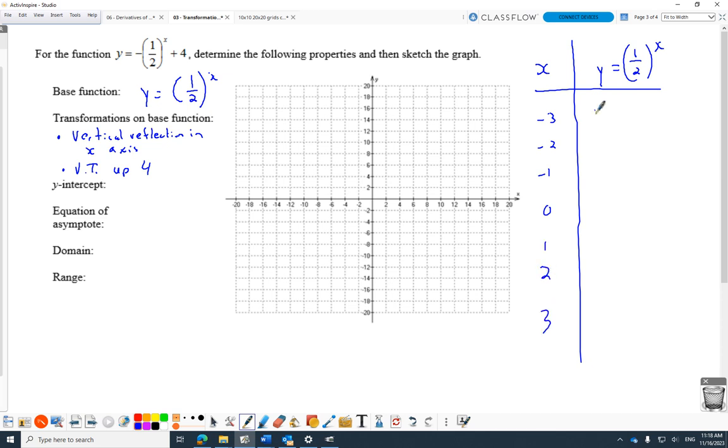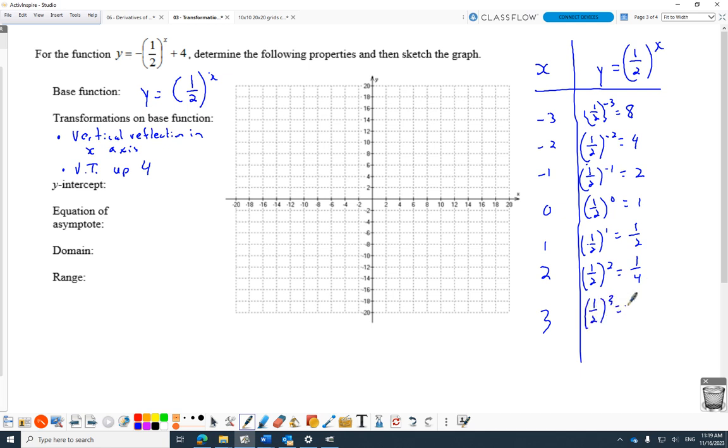And here you get 1/2 to the -3 equals 8. 1/2 to the -2, when you plug that in, you get 4. 1/2 to the -1, you get 2. 1/2 to the 0, you get 1. 1/2 to the 1, you get 1/2. 1/2 to the 2, you get 1/4. And 1/2 to the 3 equals 1/8.